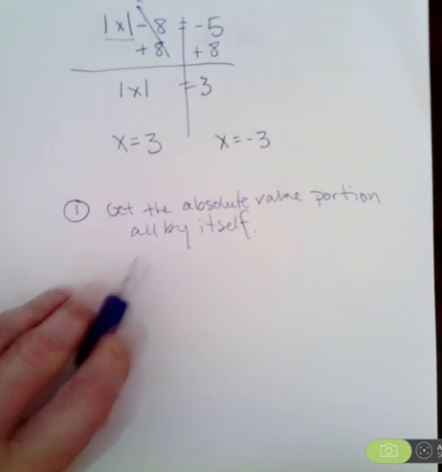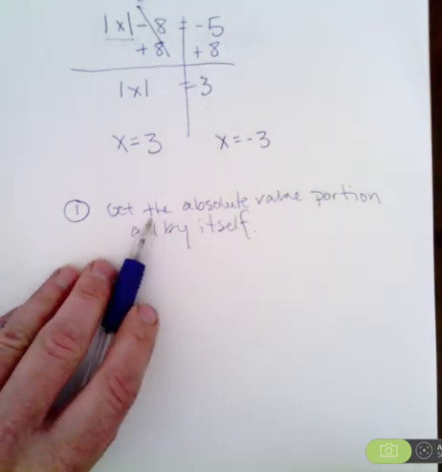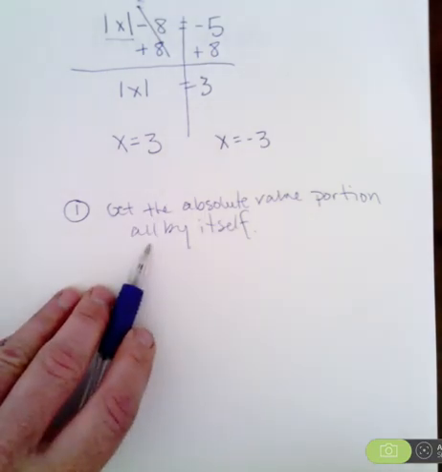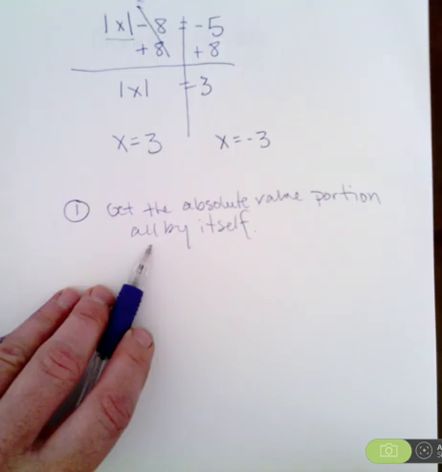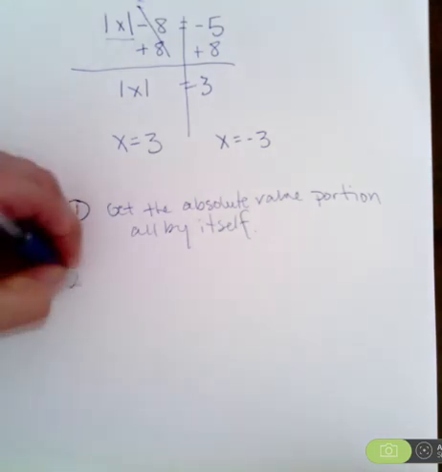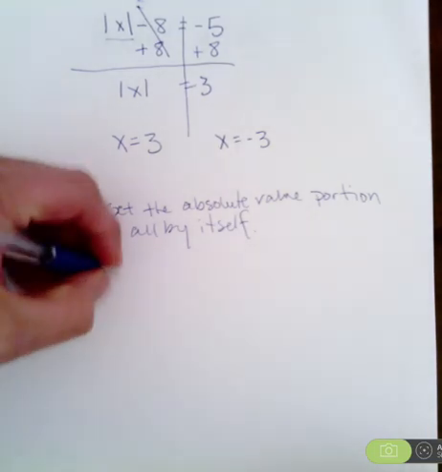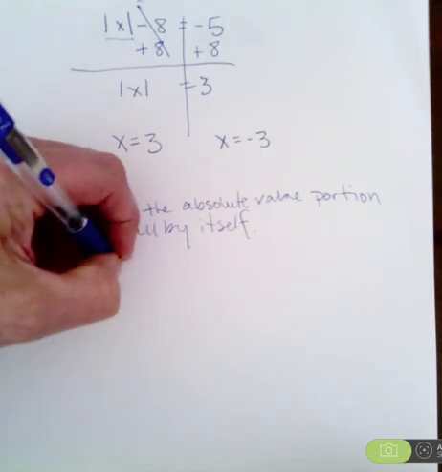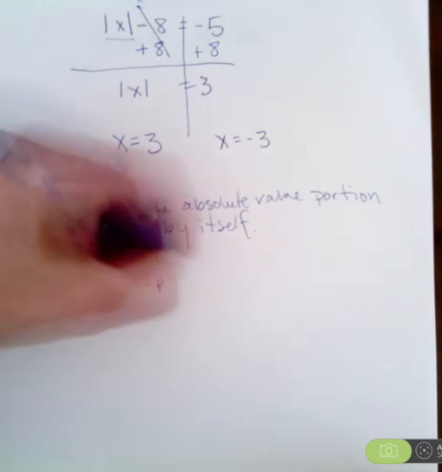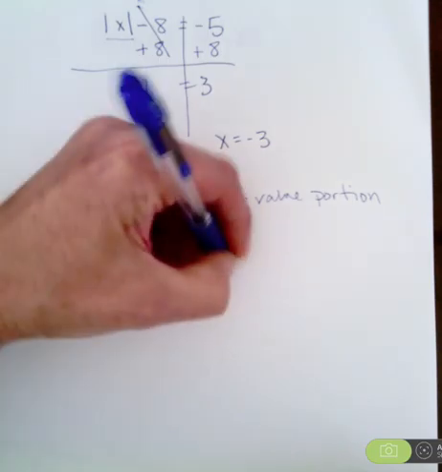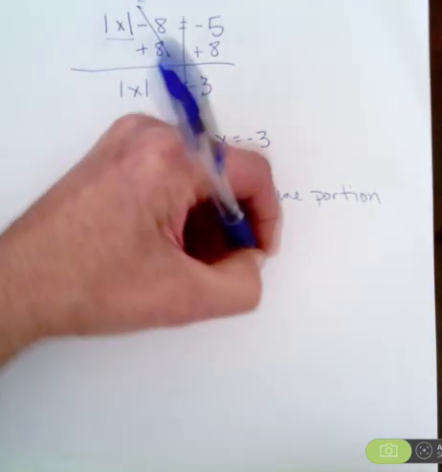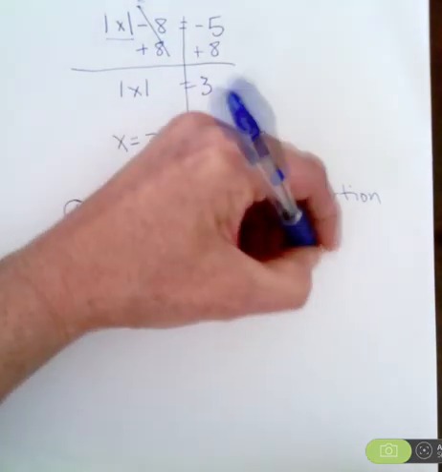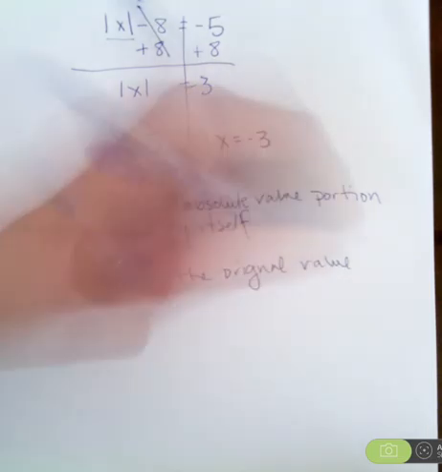So after we get the absolute value portion of the problem all by itself, we look at the value that's on the right side and we keep the original value as written.